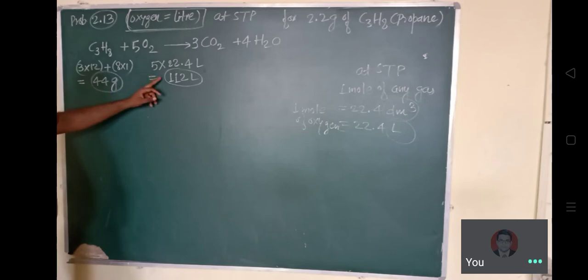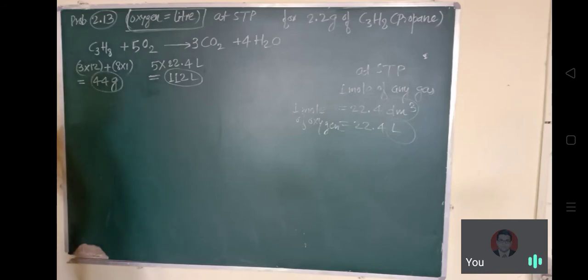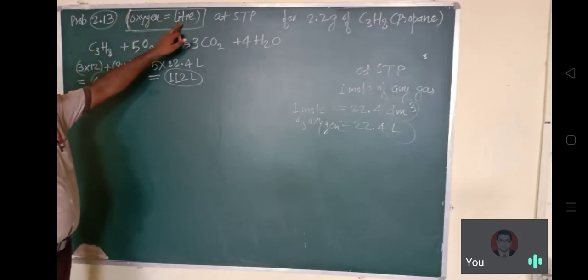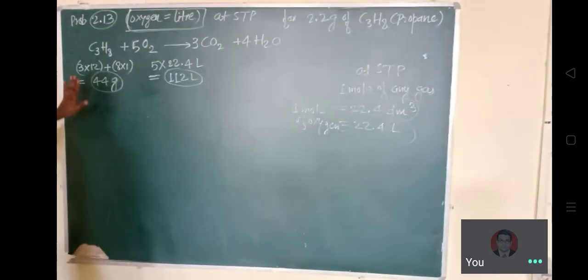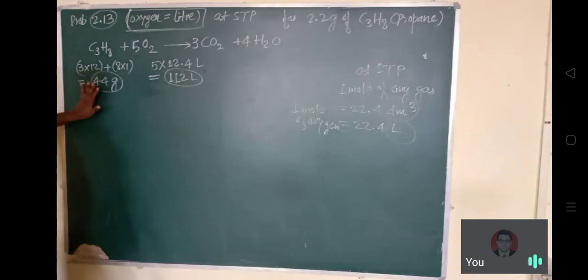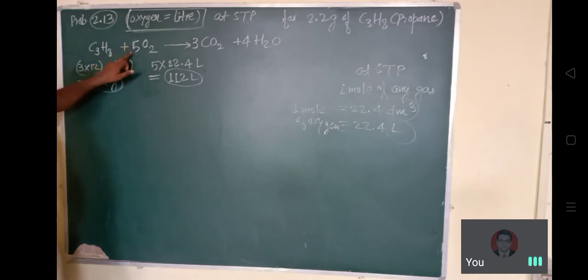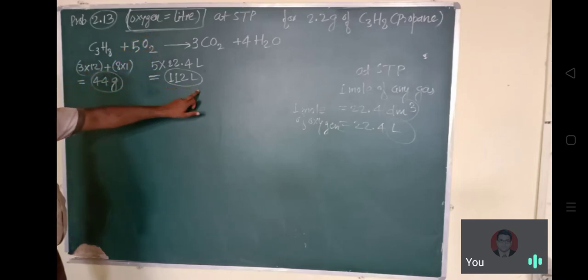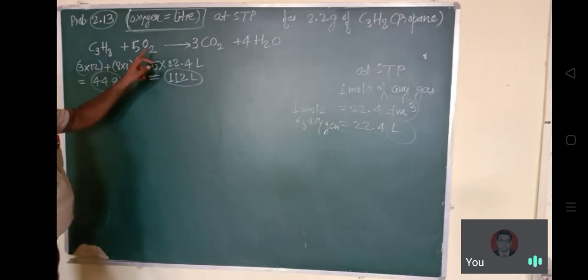If we write this value of oxygen in terms of mass, we may not get the proper value because they have asked for the oxygen value in terms of liters, for 2.2 grams of C3H8. Based on this reaction, we can say that 44 grams of C3H8 reacts with 5 moles of oxygen, which equals 112 liters. So 44 grams reacts with 112 liters of oxygen.